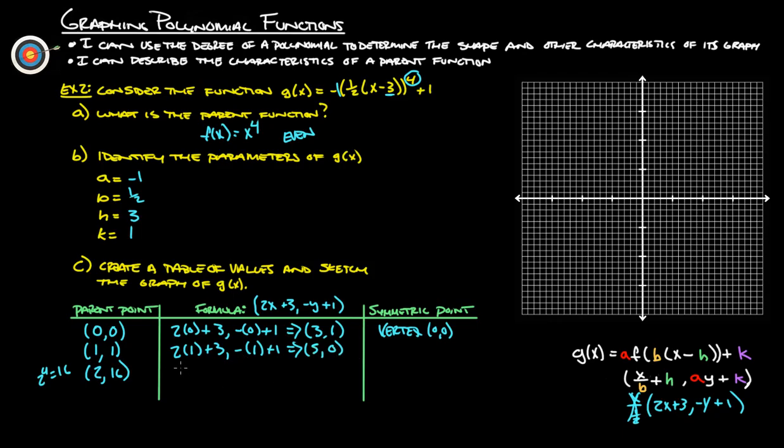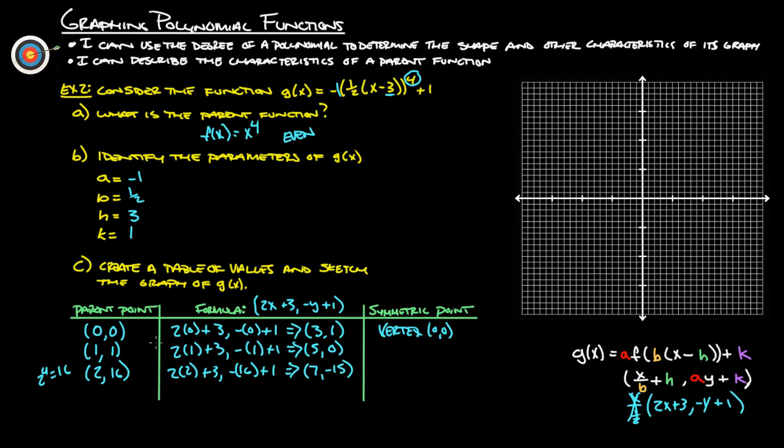Okay, and then last one here, 2 times 2 plus 3, and then negative 16 plus 1, because again, we're just plugging in the x for the x and the y value for the y here. That's going to give us 2 times 2 is 4 plus 3 is 7. And negative 16 plus 1 is negative 15.